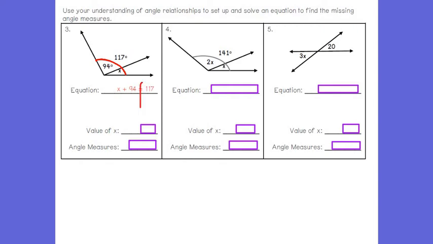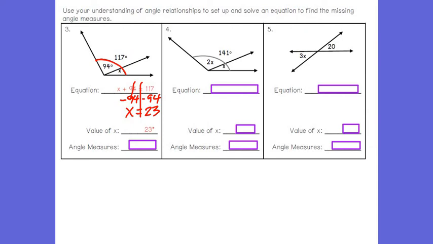Okay, now I can solve this. Subtract my kids away. I get x equals 117 minus 94, which gives me 23. So the value of x is 23.